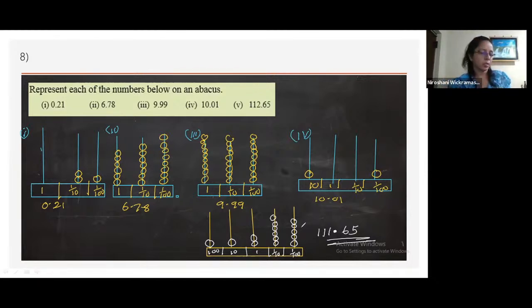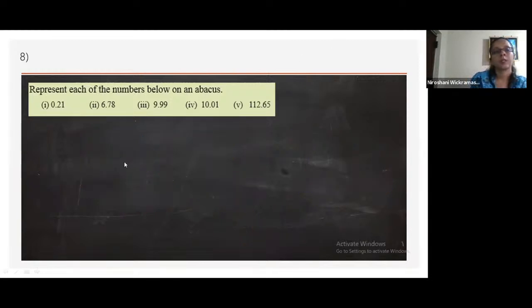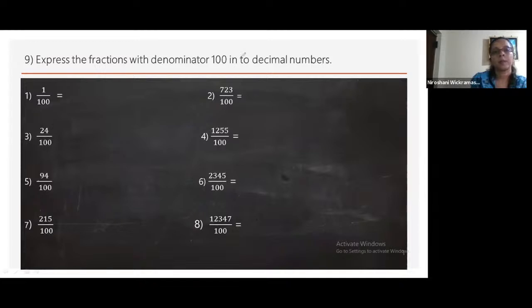Let's go to the next question. Question number 9. Express the fractions with denominator 100 in decimal numbers. I think it is not a big thing for you right now. It is easy. What you have to do? Look at the denominator, right?